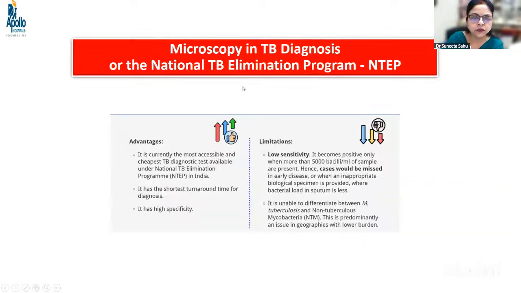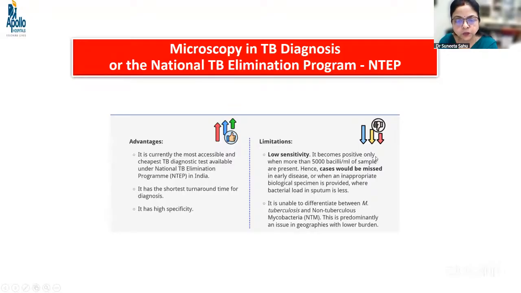Now, microscopy in TB diagnosis under the National TB Elimination Program, because again, this is also a type of rapid diagnosis, has its own advantages and limitations. The advantages are that it is very cheap, it can be done fast, it has a short turnaround time, and it has high specificity, but at the same time low sensitivity.